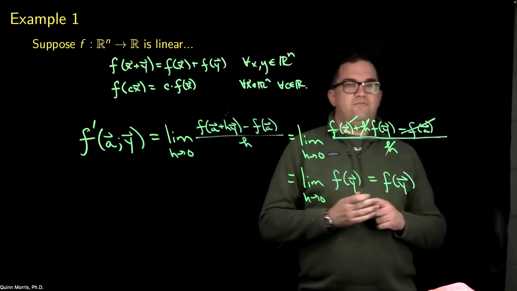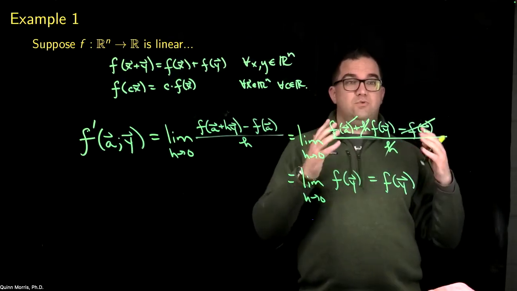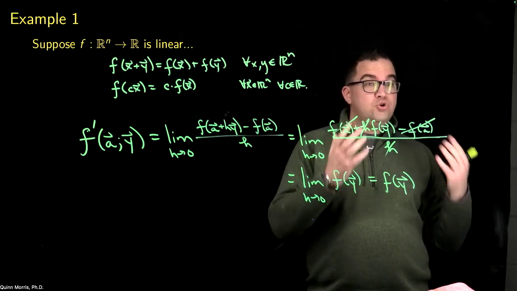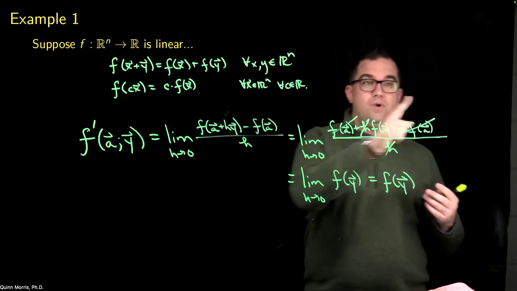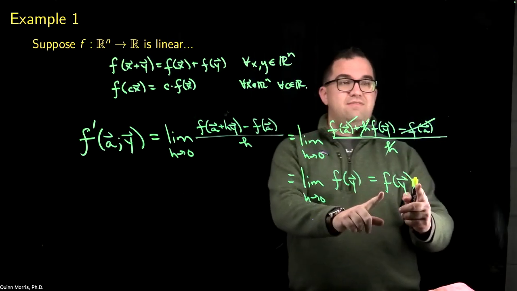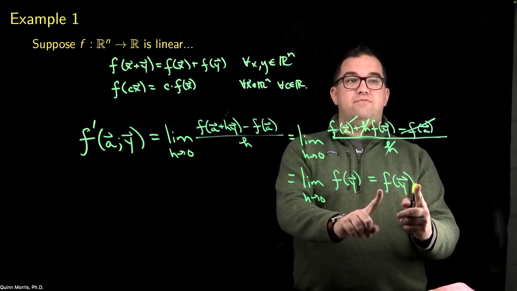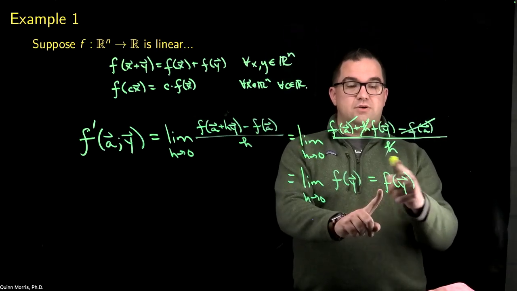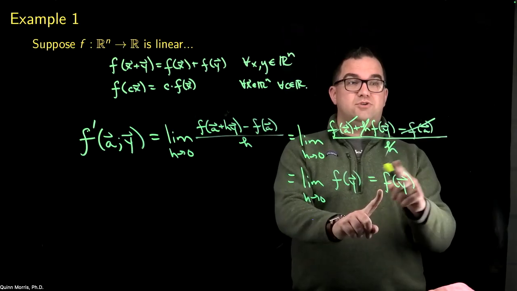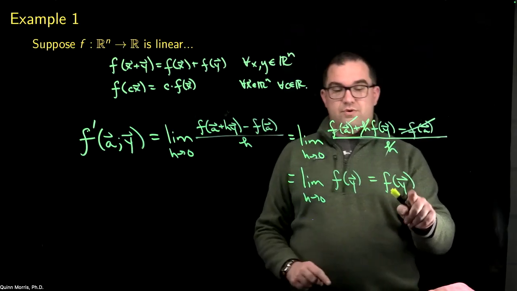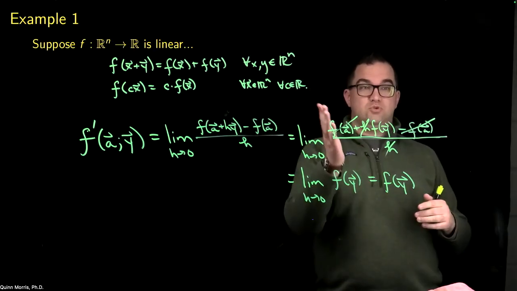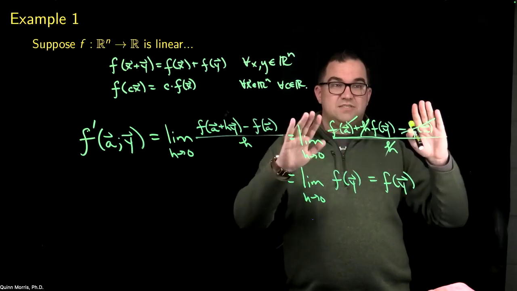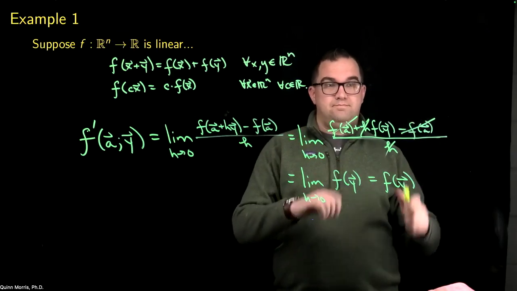If I think about the function f of x equals 2x, its derivative is 2. That value 2 does not depend on what point I'm at in my domain. This derivative is independent of the value in your domain. All it depends on is what you're taking the derivative with respect to. If you're taking a derivative with respect to y1 versus y2, you'll get a different answer, but it's going to be fixed for every point in the domain.